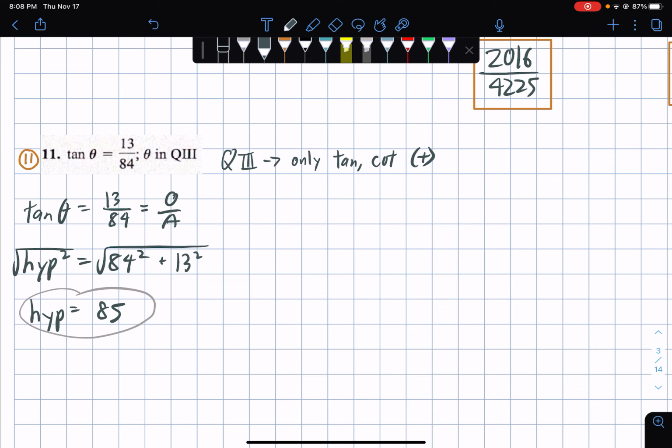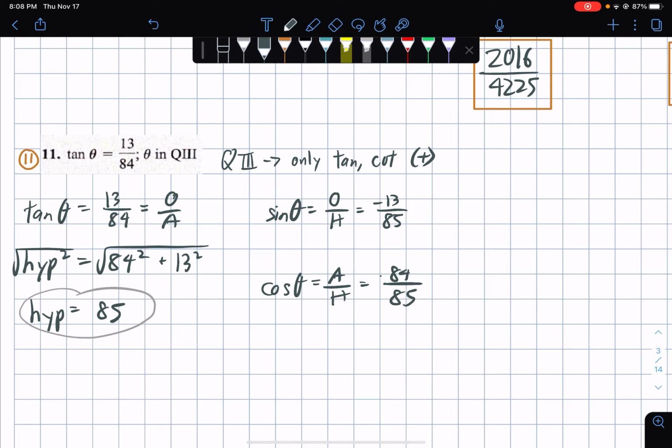Given that, let's look for the sine, which is O over H, which is 13 over 85, which is negative, since in quadrant 3, everything except tangent and cotangent are negative. So cosine theta is equal to A over H, which is 84 over 85. And put negative. There you go.